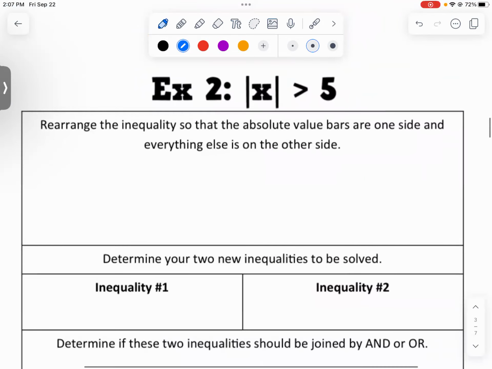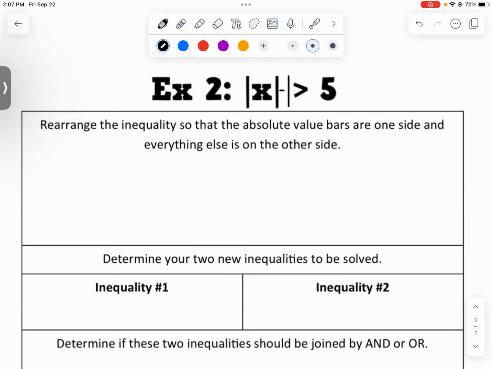Okay, example 2. Open up to example 2. The value of X minus 1 is greater than 5.